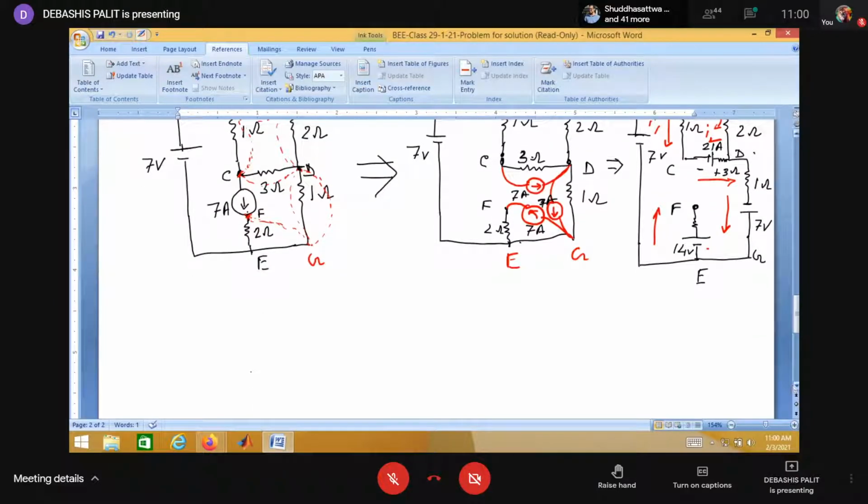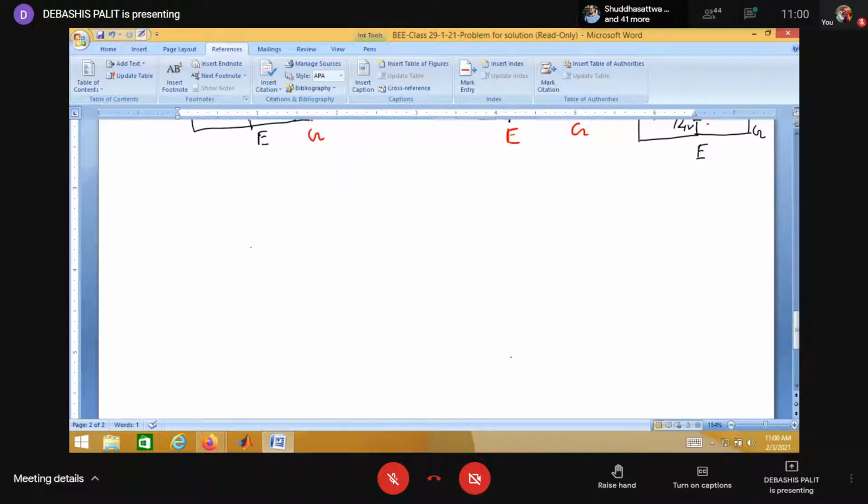So you see another problem. There may be some circuit having a voltage source but no series resistance.